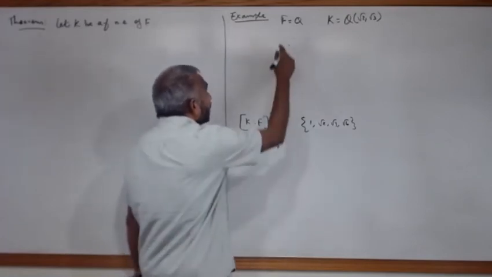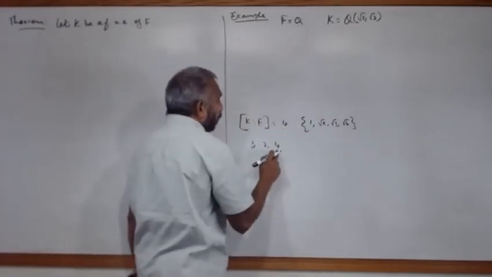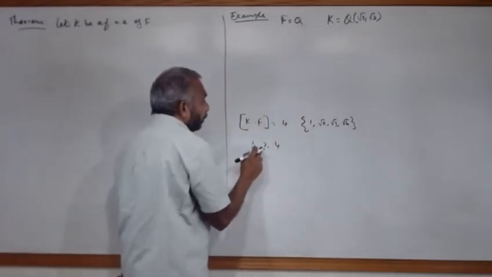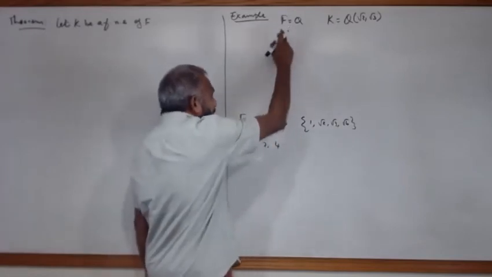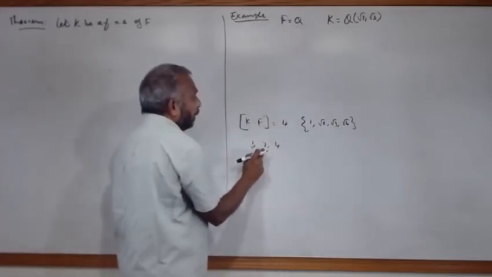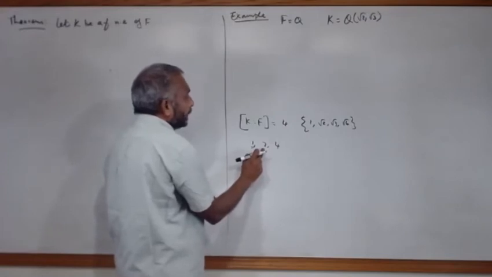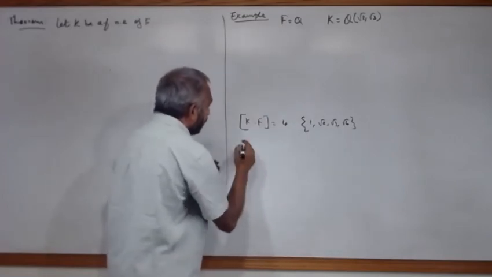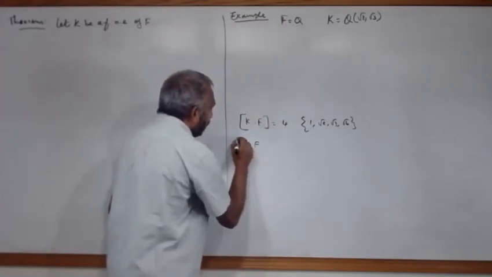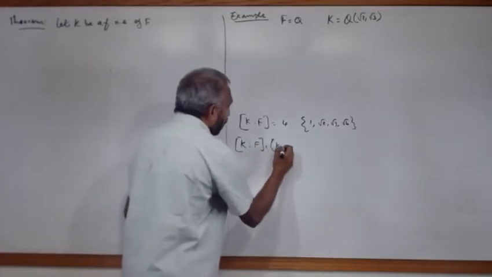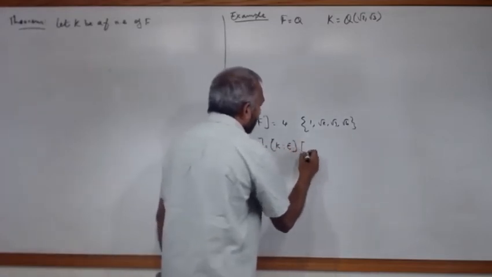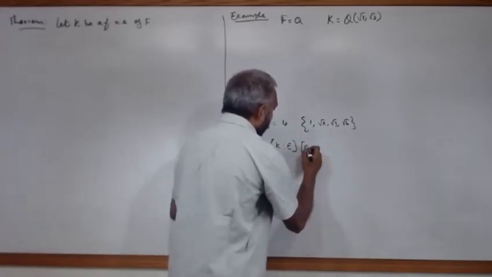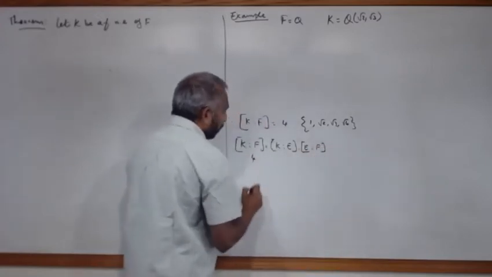If it is 1, then it is F. If it is 4, then it is K. So the non-trivial extension of F will be of index 2 over F. And that is because K over F is equal to K over E times E over F. So this is 4.